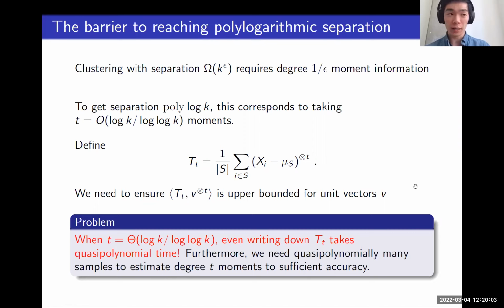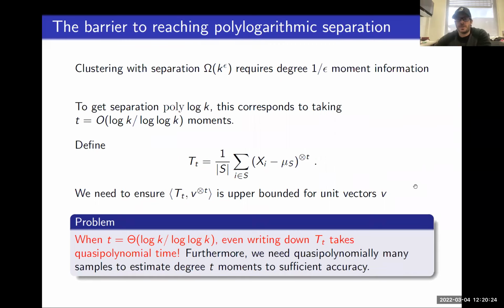So this is why existing approaches have trouble getting down to polynomial time. There's not just one reason why they get stuck at quasi-polynomial time. There's both the fact that you cannot write down the tensor and that you cannot estimate it to good enough accuracy in polynomial time.